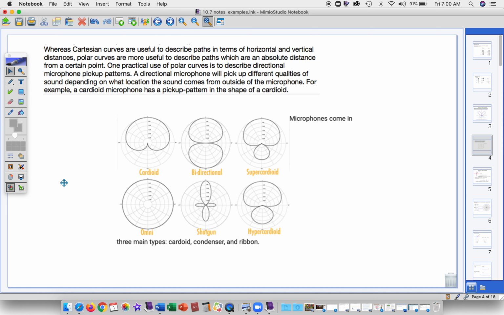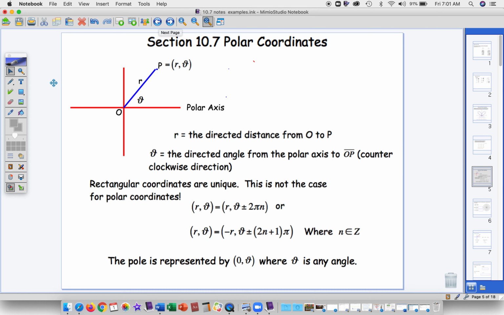One practical use of polar curves is to describe directional microphone pickup patterns. A directional microphone will pick up different qualities of sound depending on what location the sound comes from outside the microphone. For example, a cardioid microphone has a pickup pattern in the shape of a cardioid, and that's the shape that you see right here. So there are lots of applications to this. It's kind of cool stuff, something different.